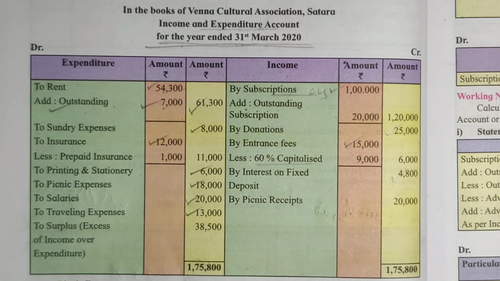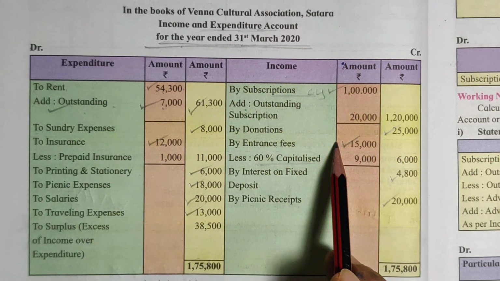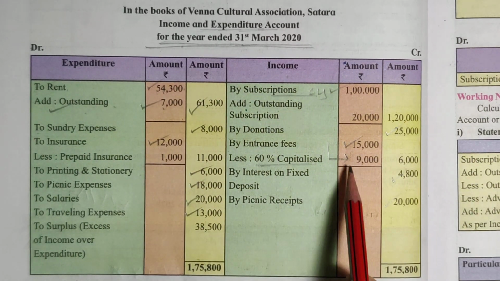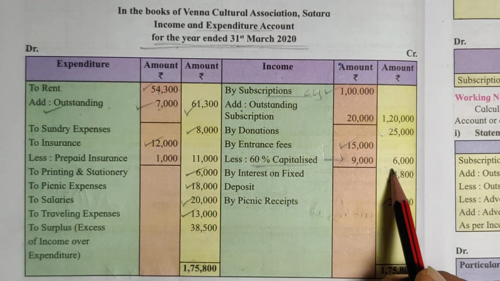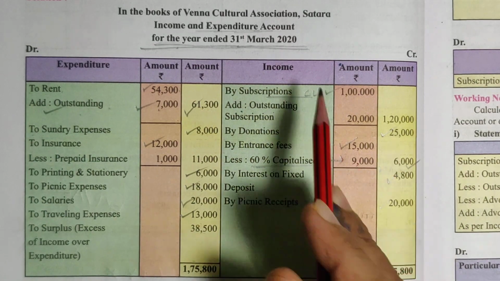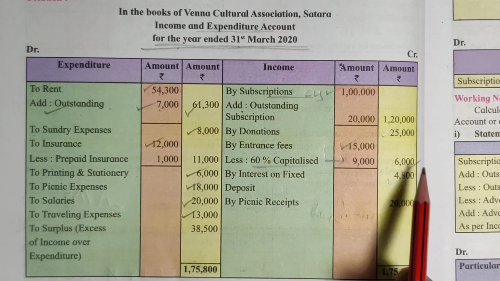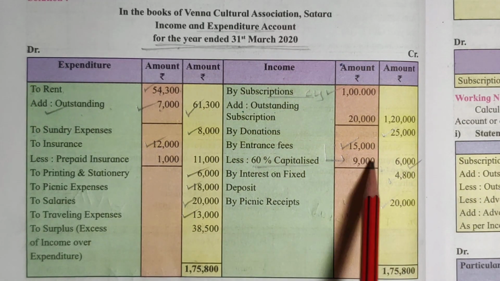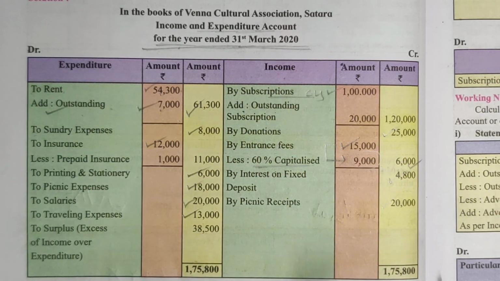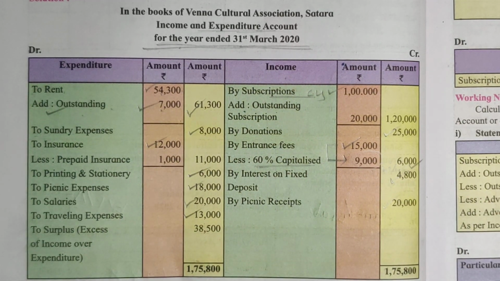So we will deduct 60% of this, which comes to rupees 9,000. So only 40%, that is rupees 6,000, will form the part of income. So 40% will be recorded to income side, and 60%, that is rupees 9,000, is to be added to the capital fund, balance sheet liability side.